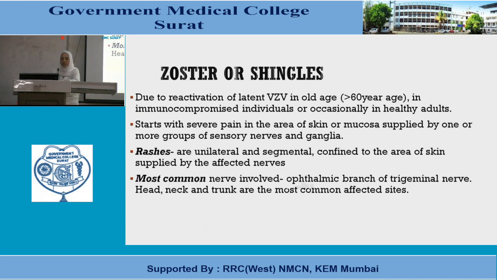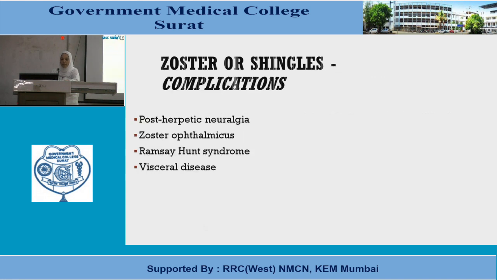There may be rashes which are unilateral, segmental, confined to the skin supplied by the affected nerves. The most common nerve involved is the ophthalmic branch of the trigeminal nerve; head, neck and trunk are the most commonly affected sites. The complications of shingles are post-herpetic neuralgia, zoster ophthalmicus, Ramsay-Hunt syndrome, and visceral lesions.